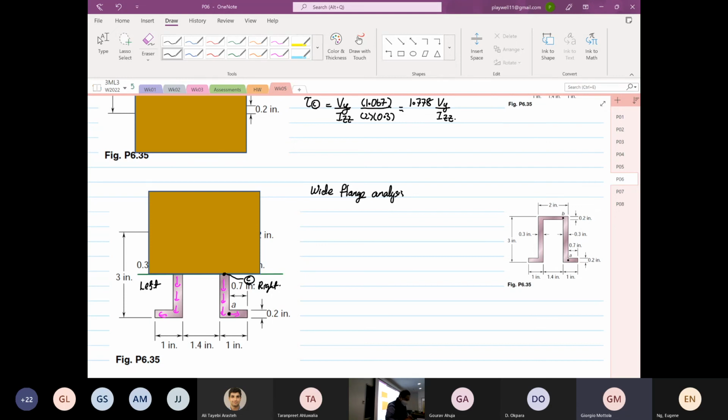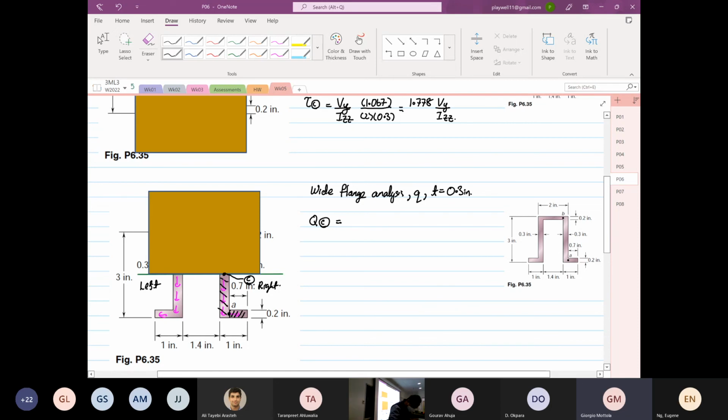So for this case, the shear stress at point C, you only have Q, and the thickness is also going to be the same, 0.3 inches. So Q at point C is equal to, I'm going to divide this way, one of my areas, and this is my second area.